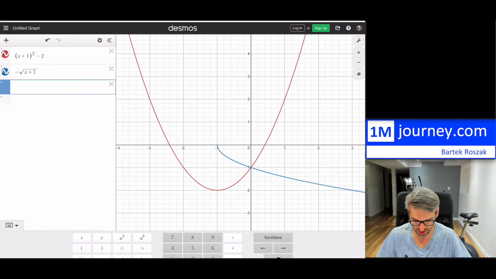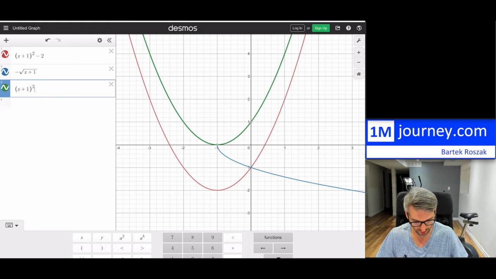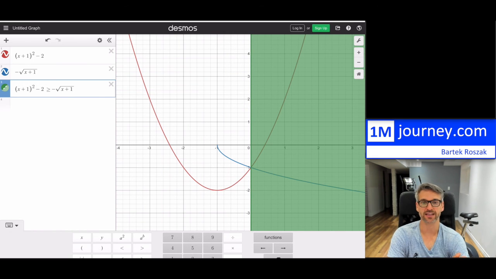So if I put this entire thing in, you can do that for yourself to see it. It's greater or equal to minus square root of x + 1. And notice that's exactly what it gives us, right? It's at 0 and everything to the right. That's when that parabola is bigger. So that's what it actually means to solve these nonlinear inequalities.